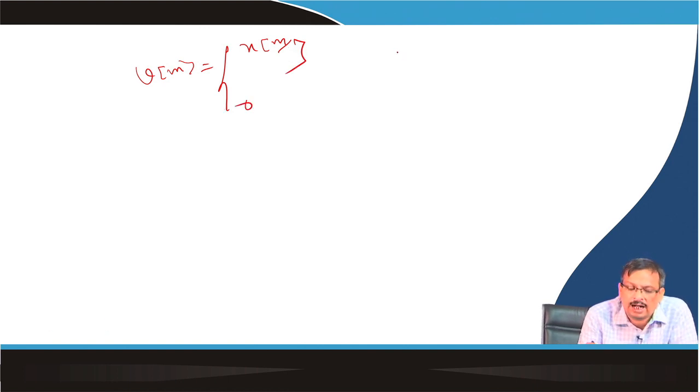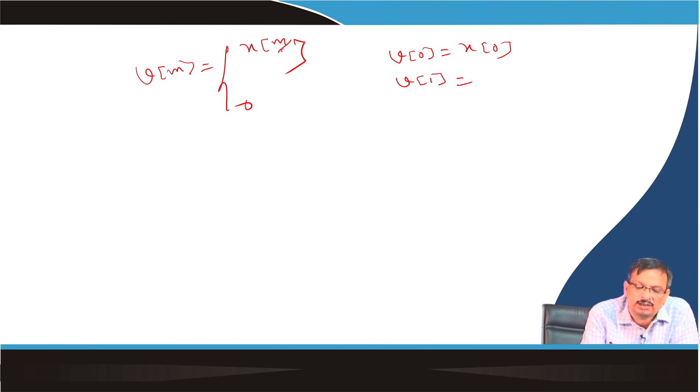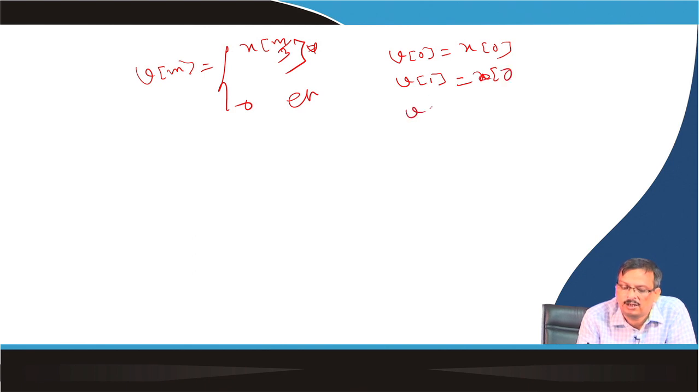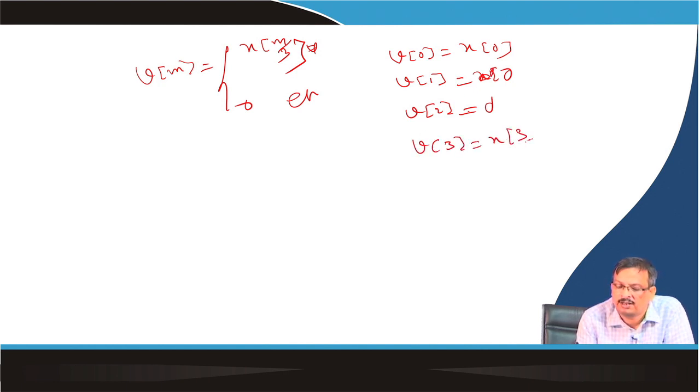So v of 0 is equal to x of 0. v of 1 is x of 1 by 3, which is not an integer index, so this is 0. Then v of 2 is x of 2 by 3, which is 0. v of 3 is x of 3 by 3, which is equal to x of 1.